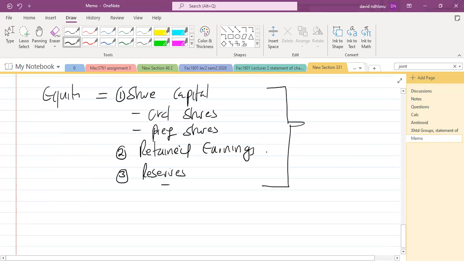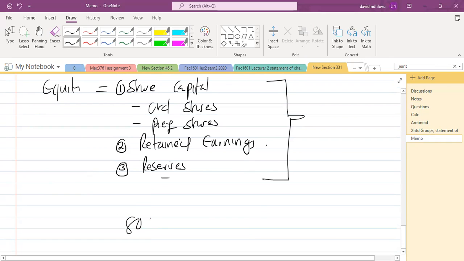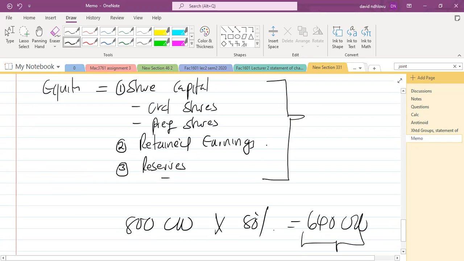And when you add the total value of equity, then you are going to get the worth of the business, which means if a business is worth 800,000 in terms of equity, if I'm buying 80%, then I'm actually buying a stake which is worth 640. And I can calculate this by saying assets minus liabilities, getting the value, and then multiplying by 80. Or if the financial statements already yield equity, it's just the total of the equity multiplied by 80%. Then I get the value of the business.